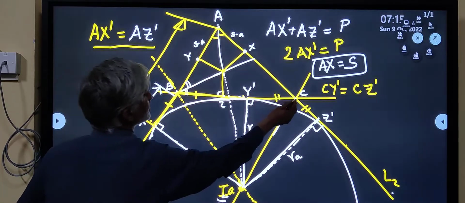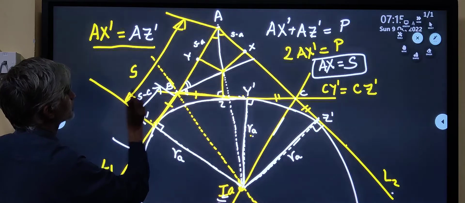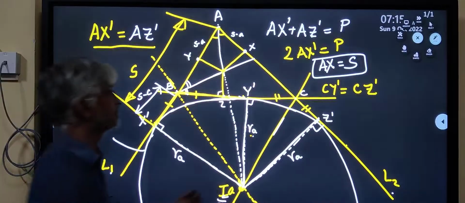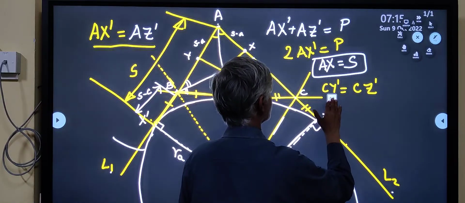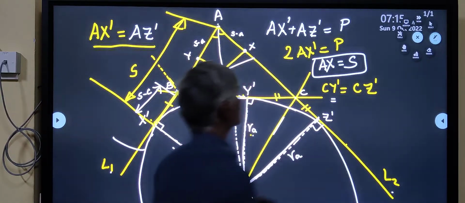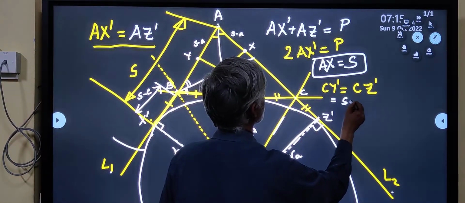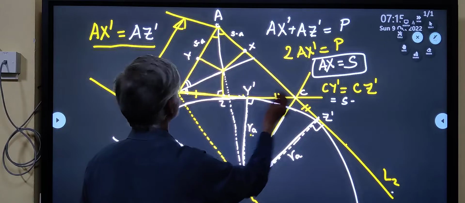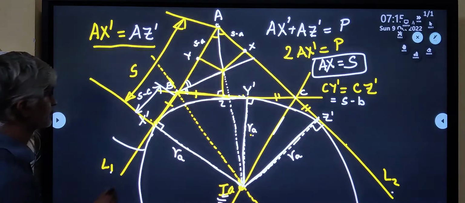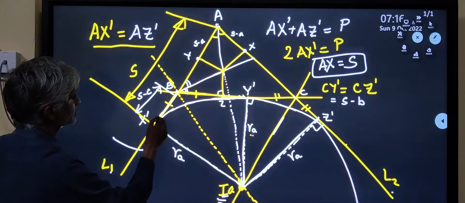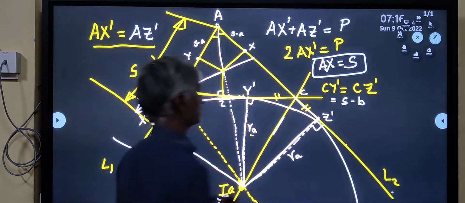This length is nothing but c. I won't write it here, it's getting too cluttered up. It's s minus c. And similarly, this length will be equal to s minus this length, which is b, s minus b. Alright, so this length is equal to s minus c, and this length is equal to s minus b.